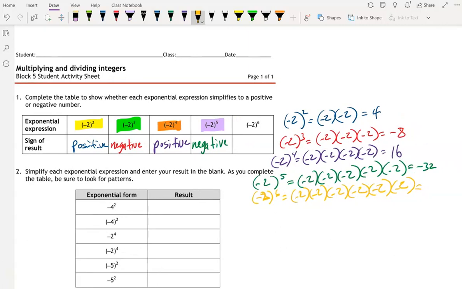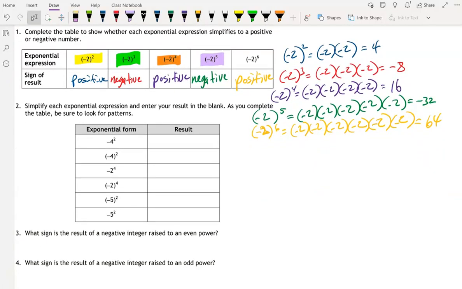There we go. As you can see, 6 negatives. That's an even number of negatives, so the answer will be positive. And that will give us a positive 64. If all you want to know is the sign of the result when you're dealing with these exponents, all you have to do is count the number of times that number is being multiplied by itself.